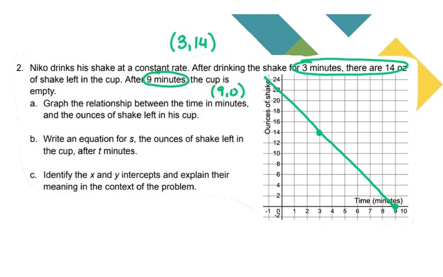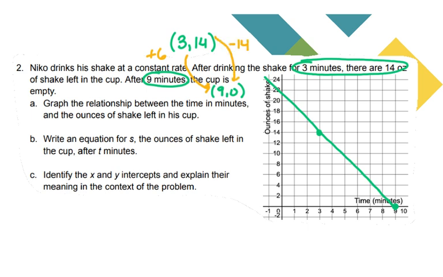All right, so what I would like to do is to get a little more exact. So let's do what we did back at the beginning when we were thinking about the pretzels. When we go from 3 to 9 minutes, what we are doing is increasing our time by 6 minutes, right? But our ounces are going from 14 to 0.